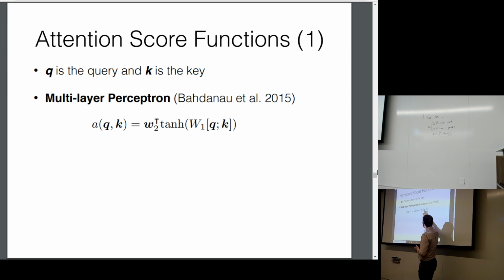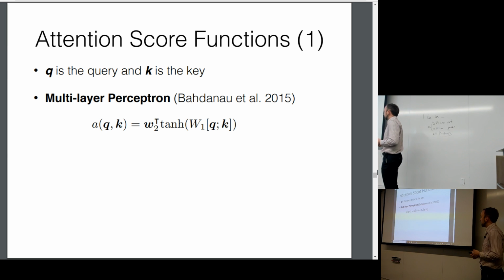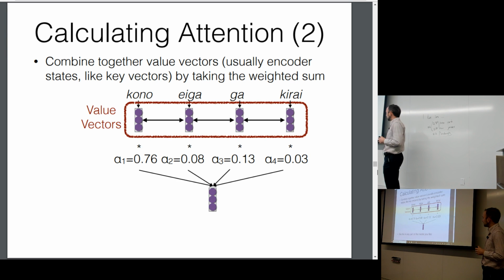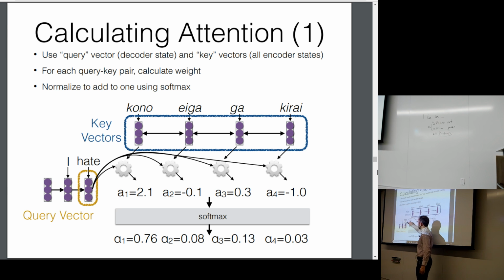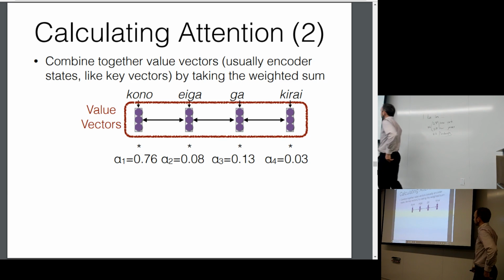You take the query vector and the key vector, you concatenate them together, you multiply them by a weight matrix to get some hidden nodes. Then you multiply this by a vector, and this gives you a scalar corresponding to the score. Just to be completely clear, this is what's inside this gear right here. You assume you have a multi-layer perceptron inside the gear.